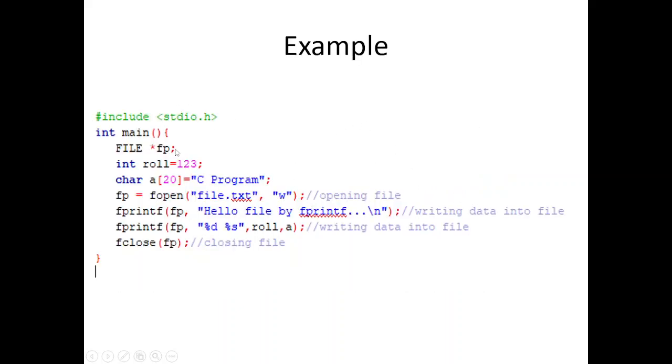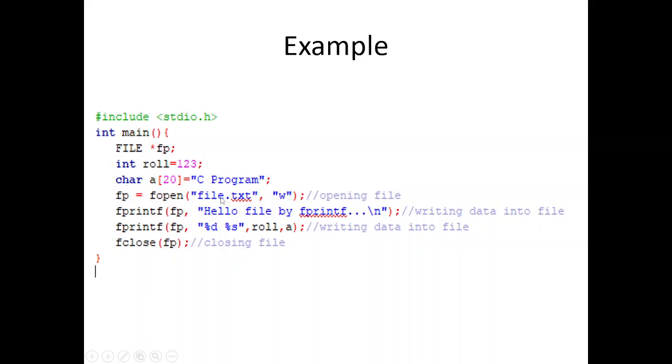So I have created a file pointer fp, and next a variable role with the value 123, and then a string a with the value c program, right? I'm going to write this content 123 and this c program into the file named file.txt.